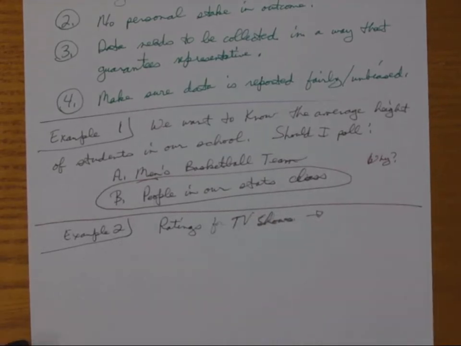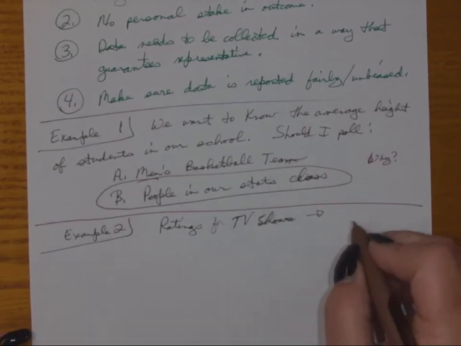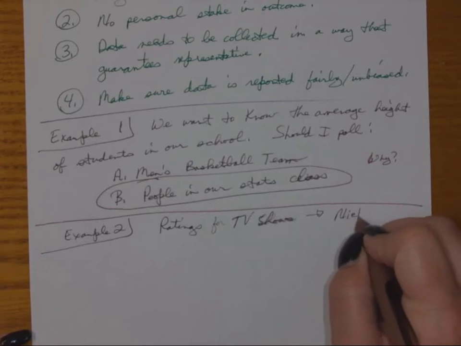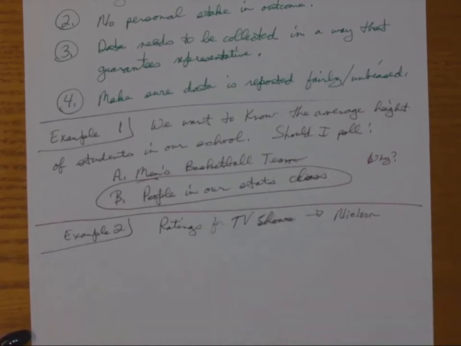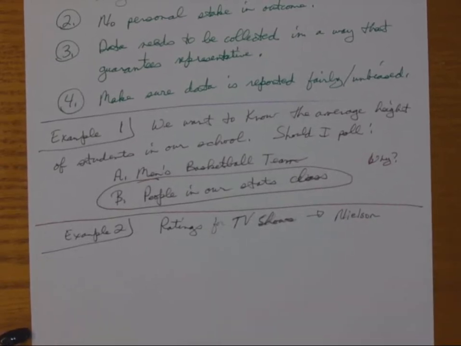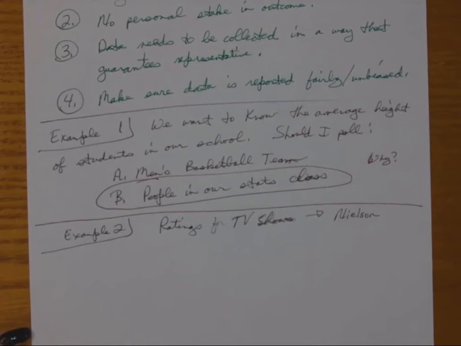The TV shows themselves or the networks don't do those ratings, okay? They usually go through a company called Nielsen, okay? And they're the ones who rate and say, okay, I'm trying to think of a current TV show. NCIS is the only one that's coming to mind, sorry. You can tell what I watch, I guess. So one of the NCISs, and they say, you know, this one has this many viewers, and it's rated this, and blah, blah, blah.